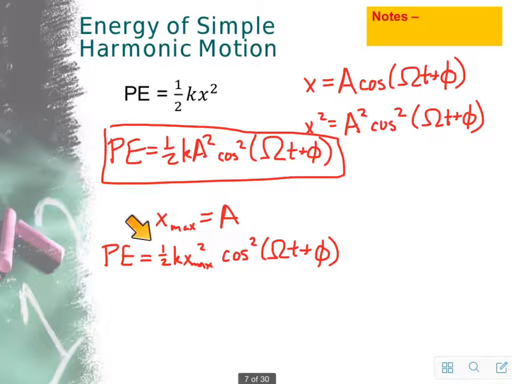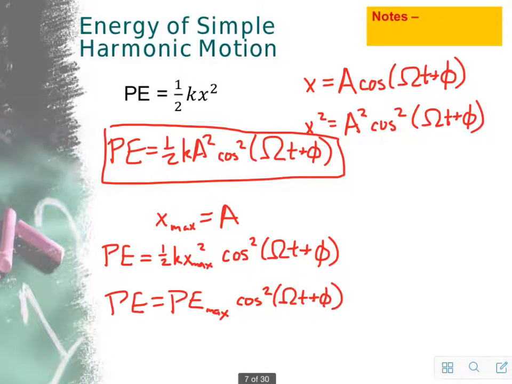And then if I recognize that this is the maximum potential energy the object can have, I just write PE equals PE max times cosine squared of omega t plus phi. So I could use any of these three as an equation for the potential energy of an object in simple harmonic motion.